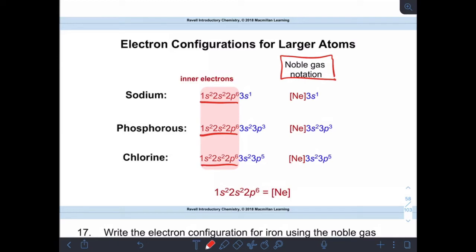So I can use a shorthand. So 1s2, 2s2, 2p6 is neon. That's the electron configuration for neon. So I can just list neon, and then all I have to put in there afterwards is everything that's in the same row as my element. Okay, so let's do a couple of those.